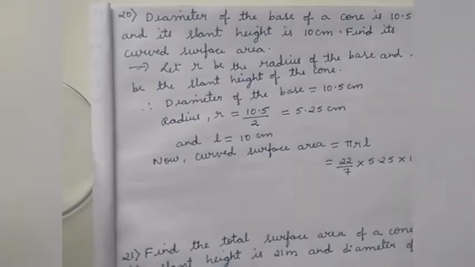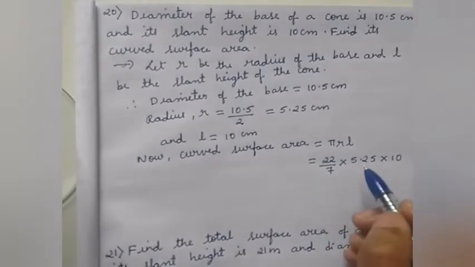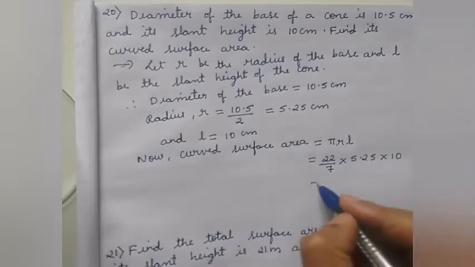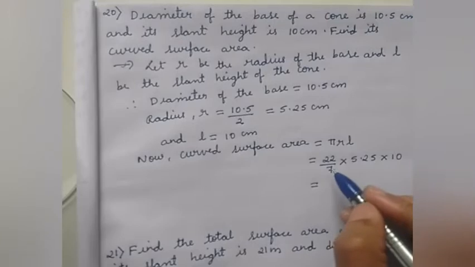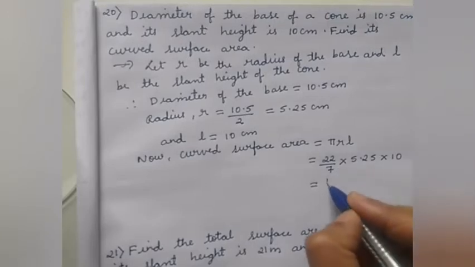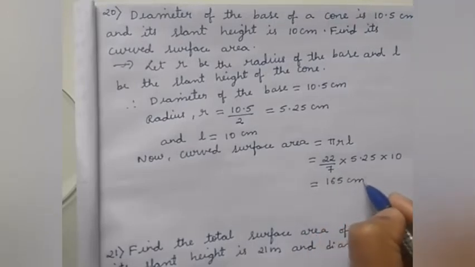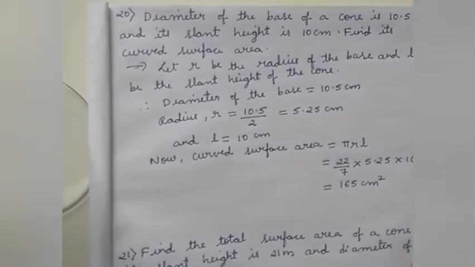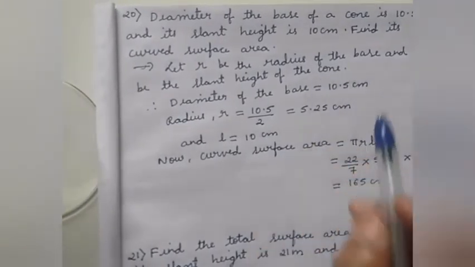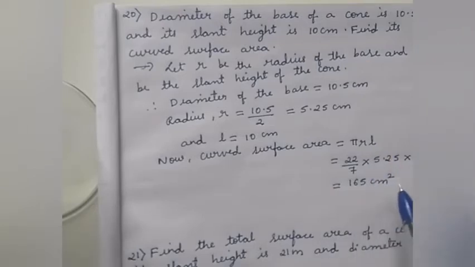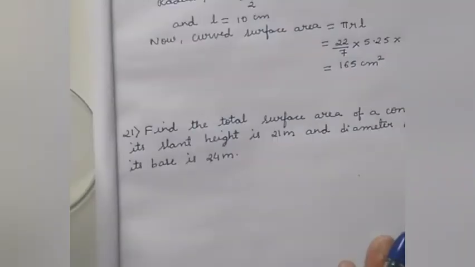So we have 22 divided by 7 into 5.25 into 10. If we multiply 22 into 5.25 into 10 divided by 7, it is equal to 165 centimeter square. Therefore, the curved surface area which we are asked to find of the cone is equal to 165 centimeter square.